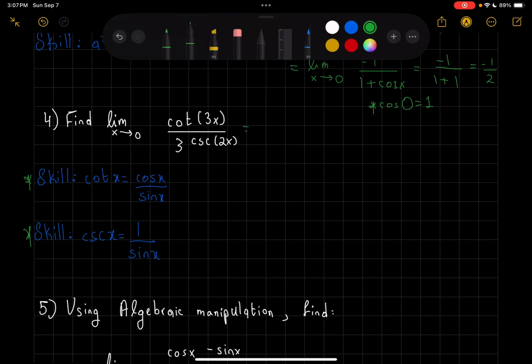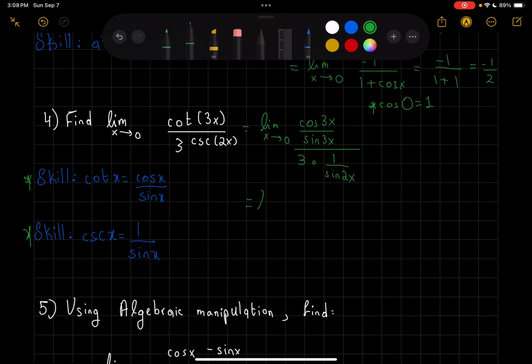So, limit as x is going to 0. Cotangent 3x is going to be cosine 3x over sine 3x. All of this is over 3 multiplied by 1 over sine 2x. Now, remember the rule that we mentioned in the previous video, which is basically that when x is going to 0, then sine 3x can be seen as 3x and sine 2x can be seen as 2x.